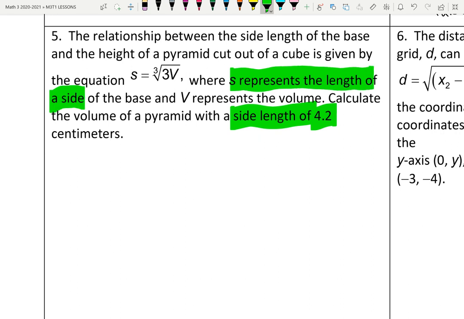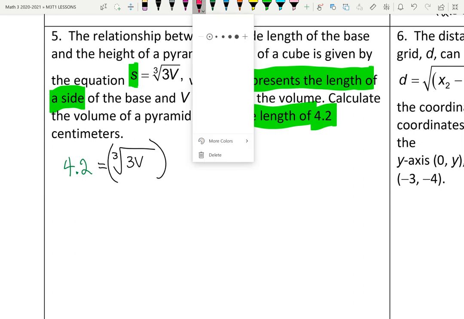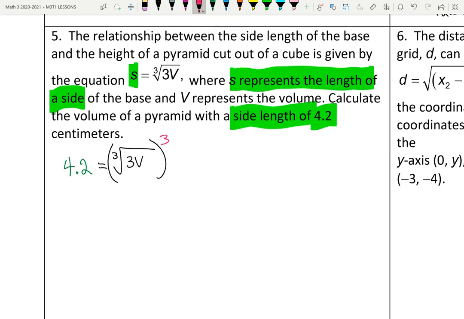S is going to be 4.2, being equal to the cube root of 3v. I see my radical by itself, so I'm going to raise each side to the index. This is going to lead me to have 4.2 to the third power, whatever that is, being equal to 3v.